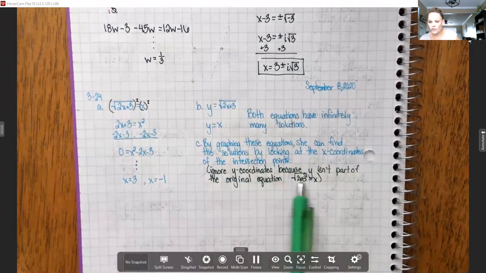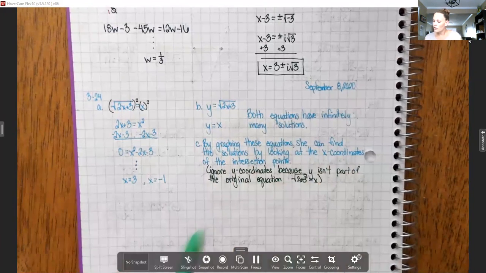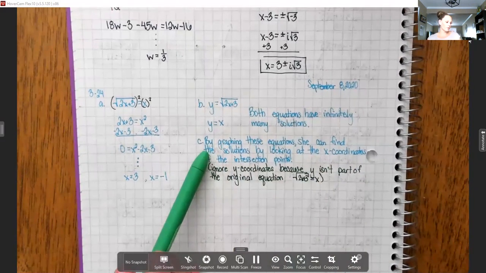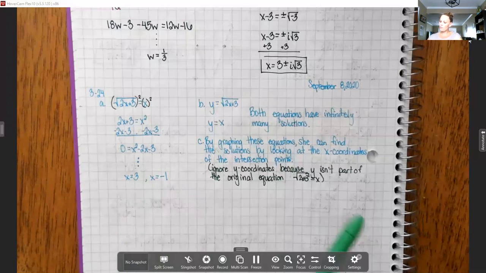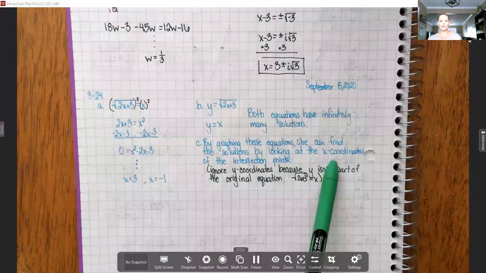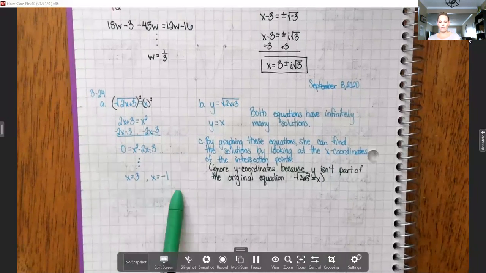So again, if we graph these, and we're not doing it yet, that's just what they say to do, we would only look at the x coordinates, and we should get 3 and -1.